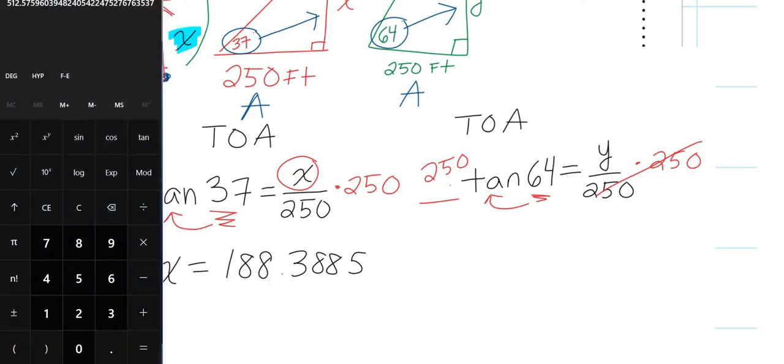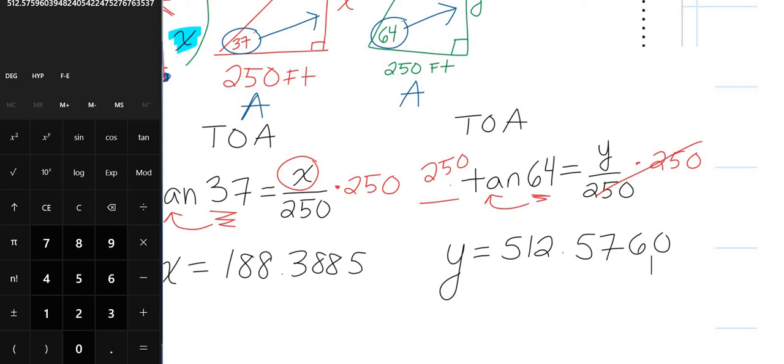So let's go ahead and write down y equals, I'm going to go out 4 decimal places, 512.5759. Okay, so the 9 is going to round up to 10, which means if I go out 4 decimal places, I have to round as 512.5760.